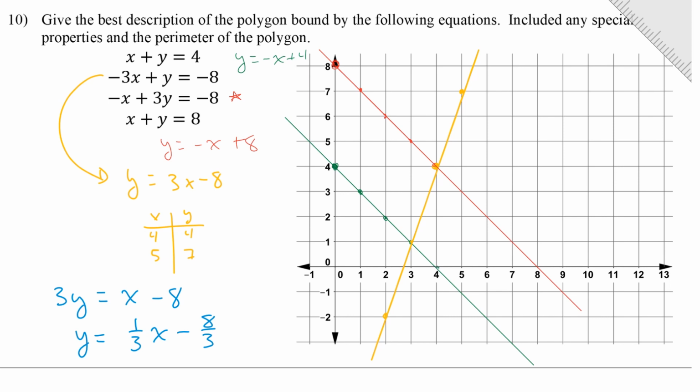Let's try -1. So if x is -1, then I would have 1/3 times -1, which would be -1/3, and then minus 8/3.